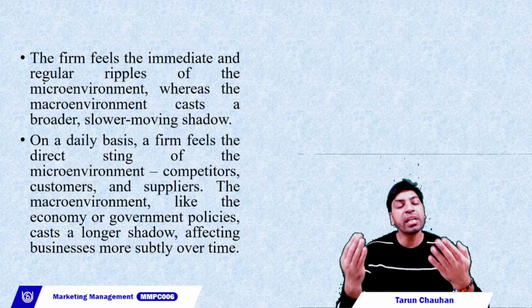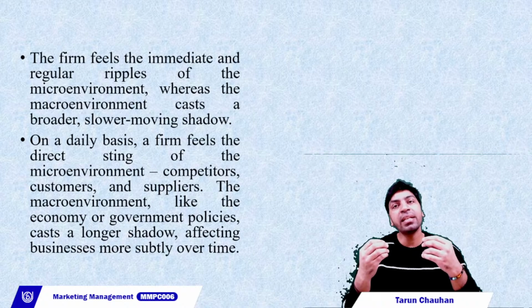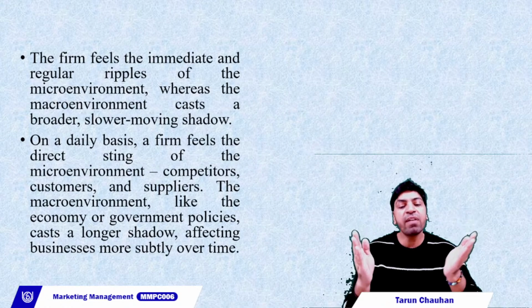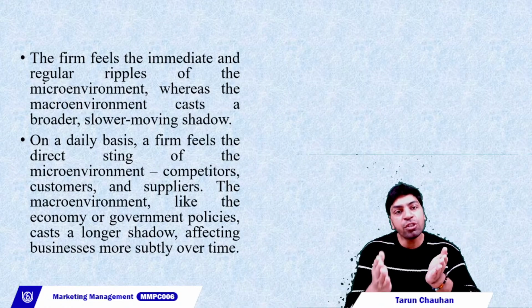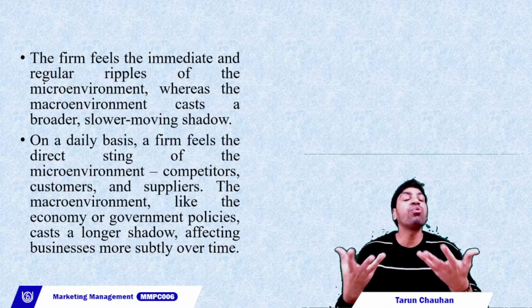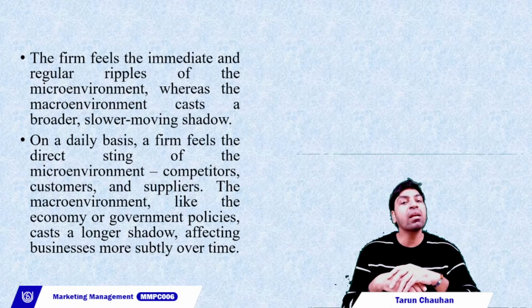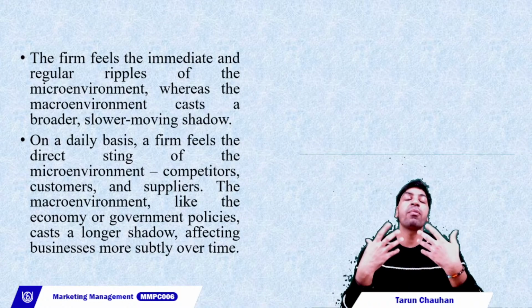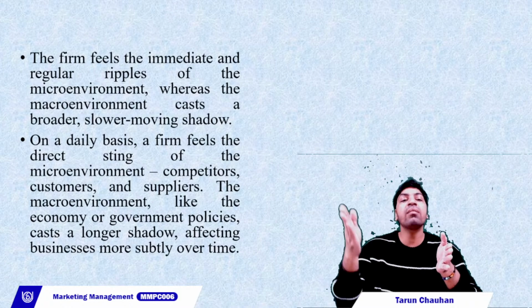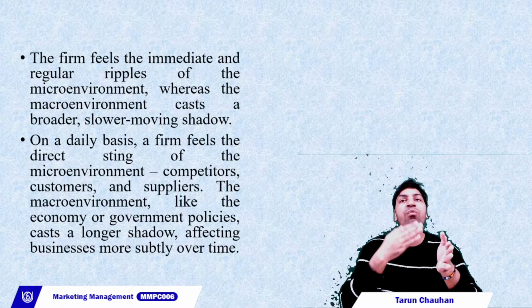They work accordingly and can take informed decisions, because whatever factors influence them, they have an action to take and will improve immediately. But the macro environment is always broader in scope, and it is a very slow moving process.